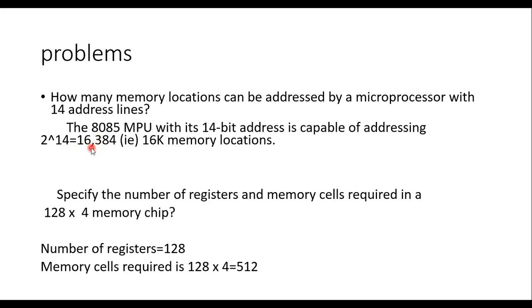So we round it off, this is 16K memory locations, right? So 2 power 14 equals 16,384. This can be approximated as 16K memory locations.